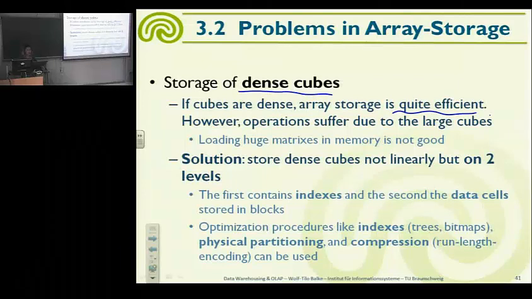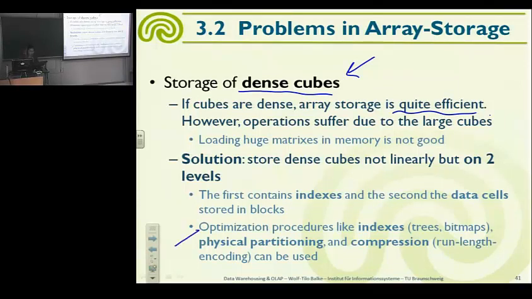The data in the data warehouse is very big, and you're dealing with highly dense cubes. So use clever indices on top, and use the indices to direct you to the places that you need to go to. And all the basic operations that we've talked about, if you can do them on the index level, do them on the index level, and only then, after you've done everything you can on the index level, go to the data and fetch the data that you want.